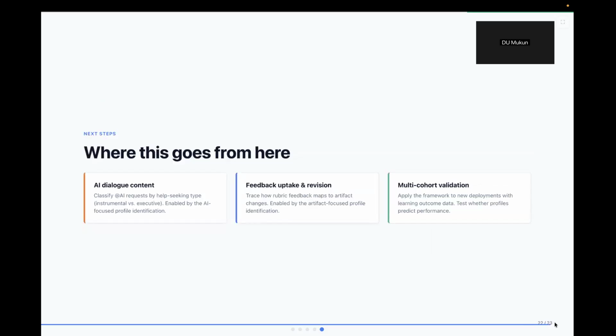And here are some future works. The first one is we expect to dig deeper into how every single AI message is used, whether it is instrumental or executive, according to the related work, enabled by the AI-focused profile identification. The second future work is feedback uptake and revision, so that we will try to analyze how the rubric feedback maps to the artifact changes.